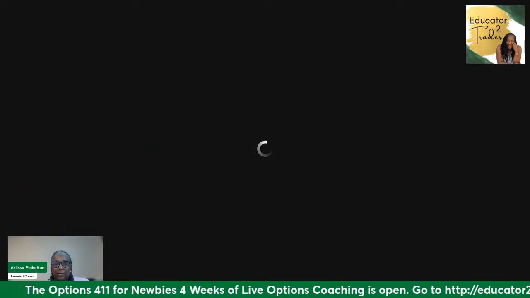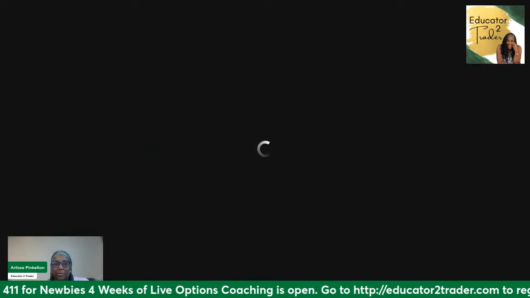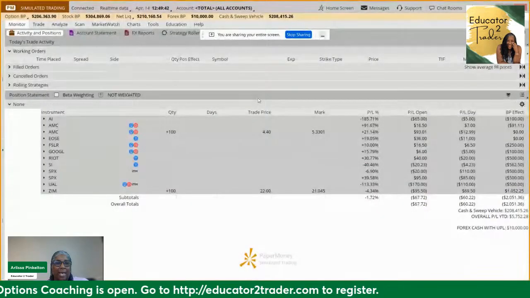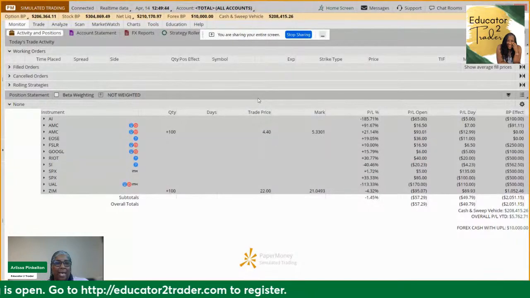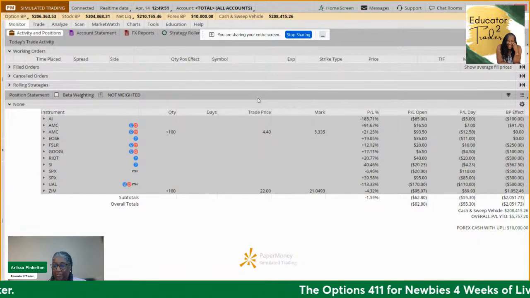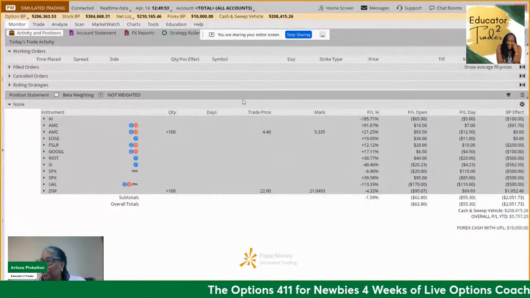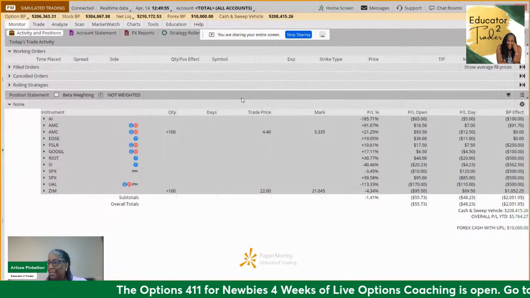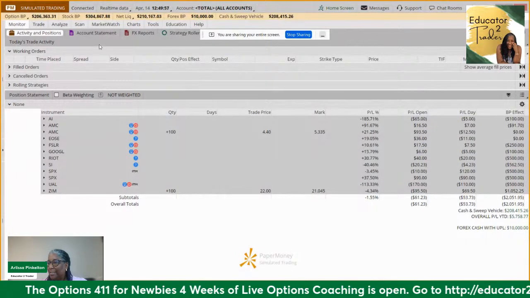Got to go through the steps every time. Let me look at my iPad to make sure there's nothing I'm overlooking. I think it looks pretty decent. There we go. We can see me, we can see the trades, we can see everything.